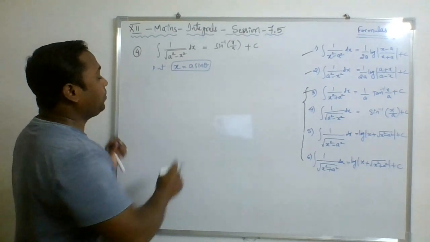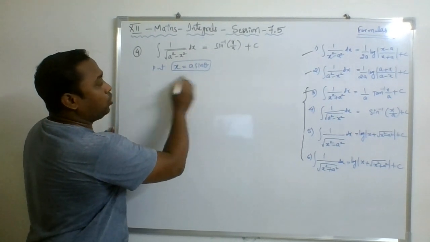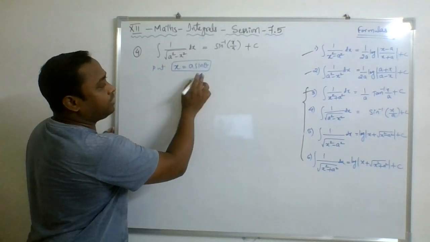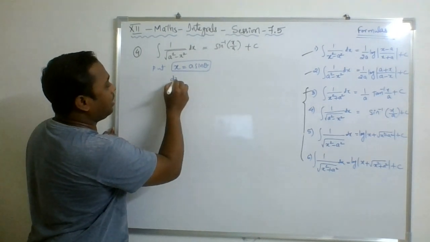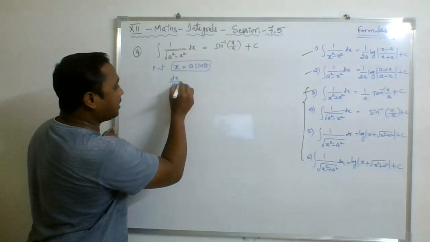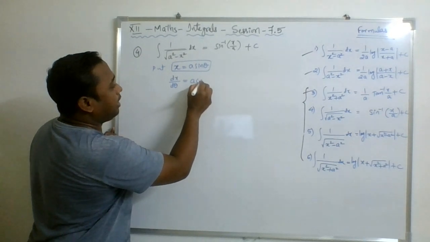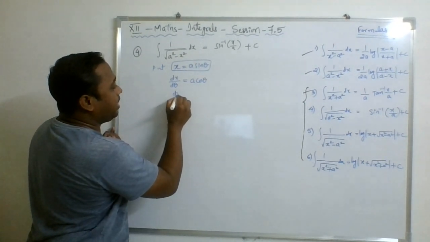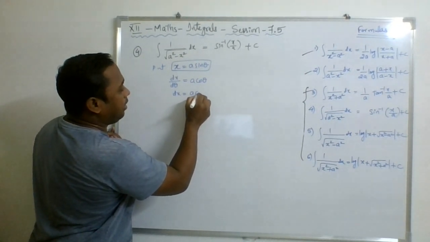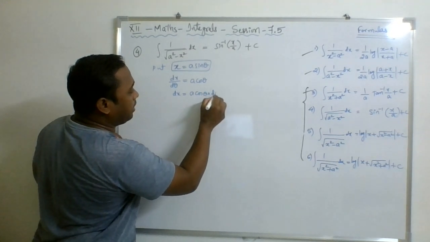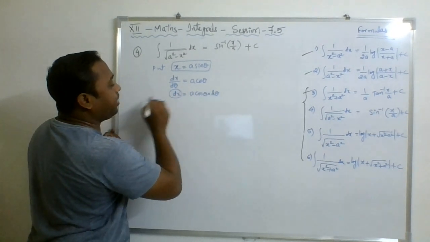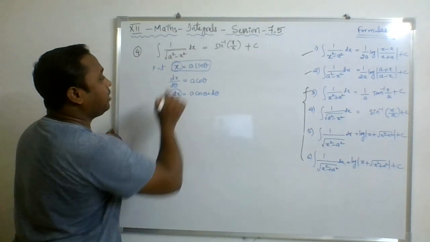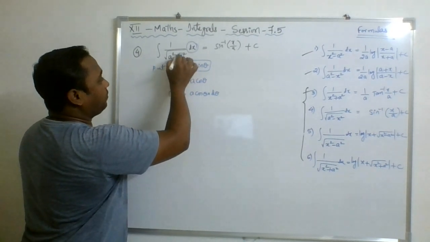Then simply do the derivative on both sides with respect to theta. So ultimately dx by d theta is equal to what? a cos theta. So dx is equal to a cos theta into d theta. So dx is going to change, x is going to change in the question itself.